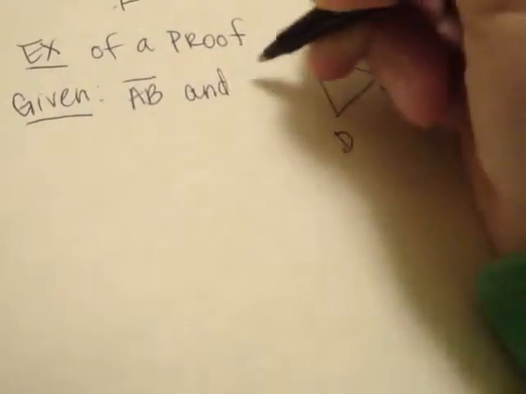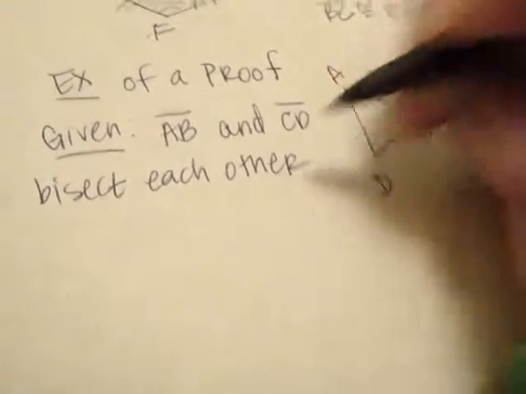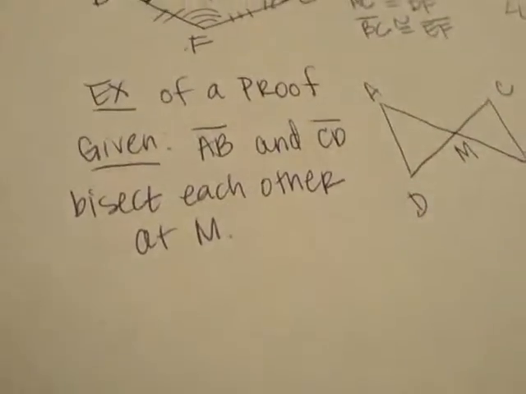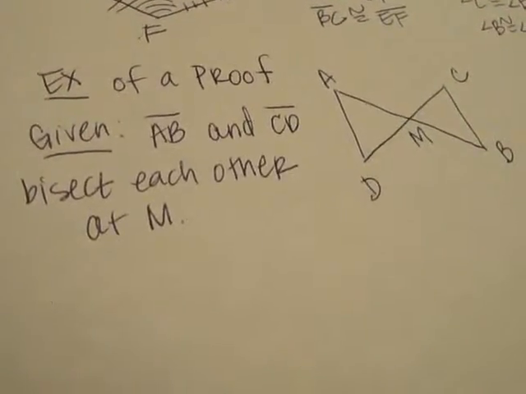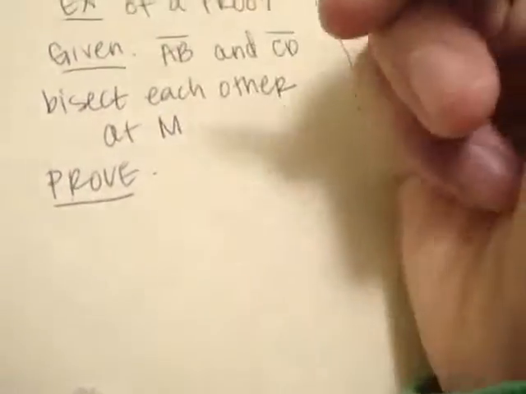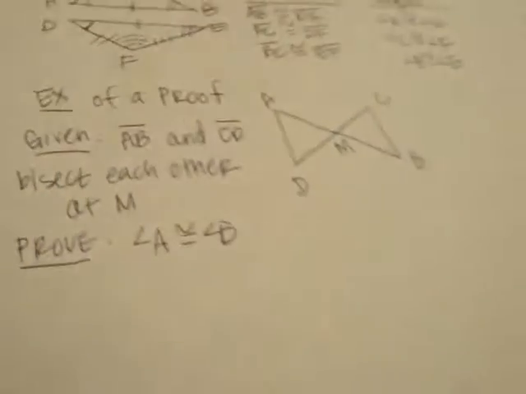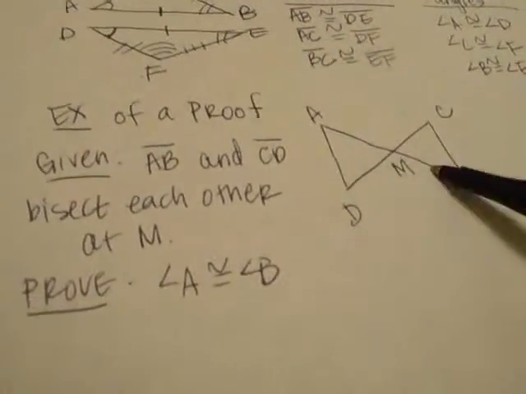We're told that segment AB and segment CD bisect each other at M. And we need to prove that angle A is congruent to angle B. Now, all the times that we've done these proofs, we've had to prove that two triangles are congruent to each other.